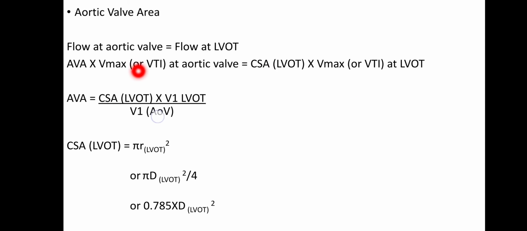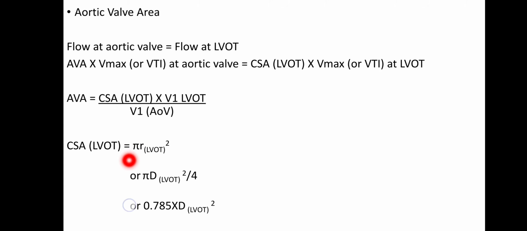If we divide this by Vmax at the aortic valve, then we'll be able to get the aortic valve area. So aortic valve area will be equal to cross-sectional area of the LVOT multiplied by V1, velocity at the LVOT, or VTI at the LVOT, divided by velocity at the aortic valve or VTI at the aortic valve.